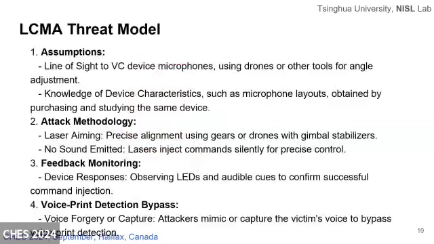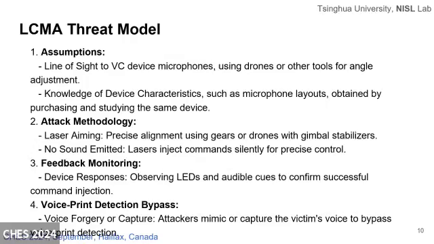So this is our threat model, and we made a few key assumptions. First, attackers need to have a clear line of sight to the microphone of the voice control devices, since light transmits in straight lines.